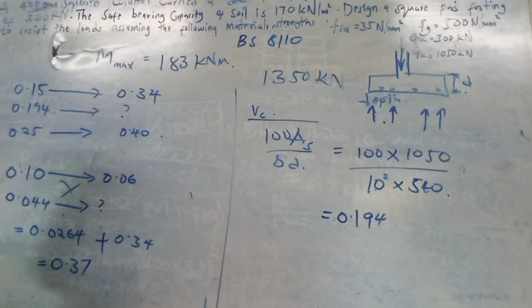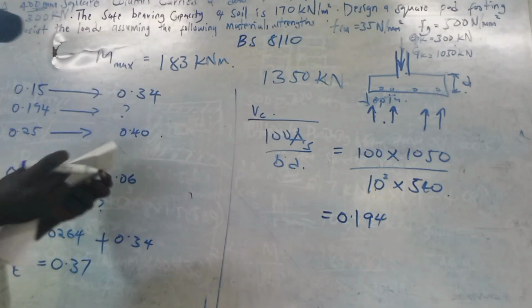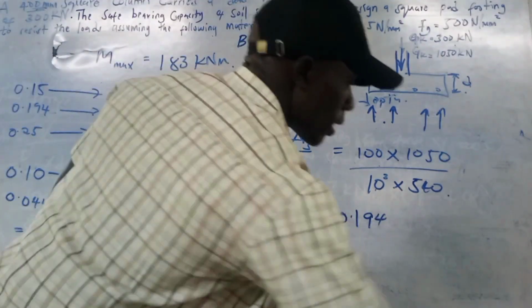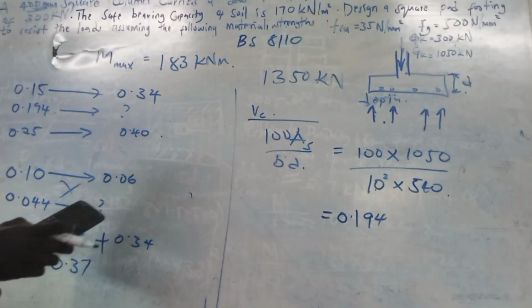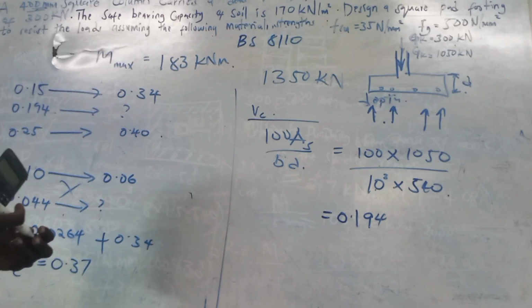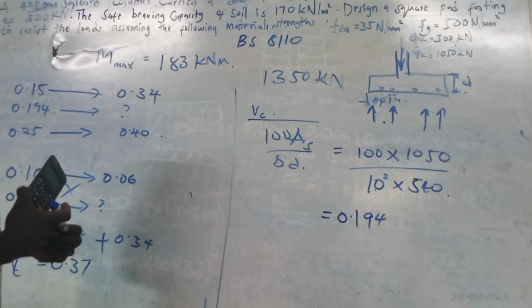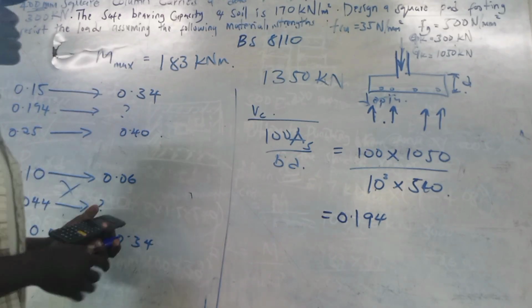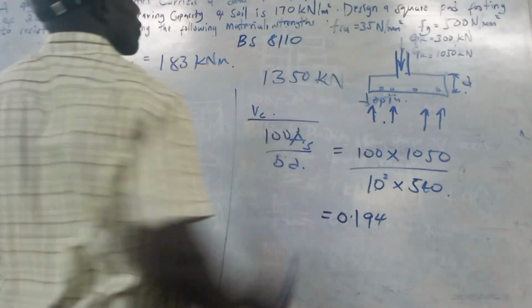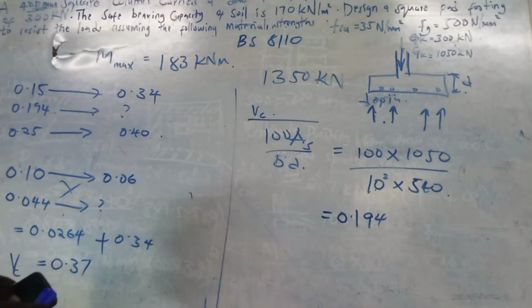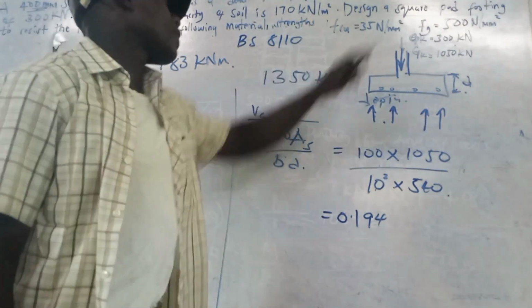So remember, this value here is the design concrete shear stress for characteristic strength of class 25 concrete. But then we are looking for class 35.